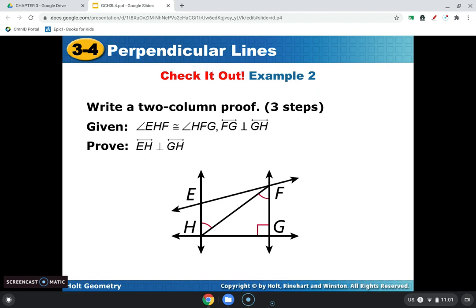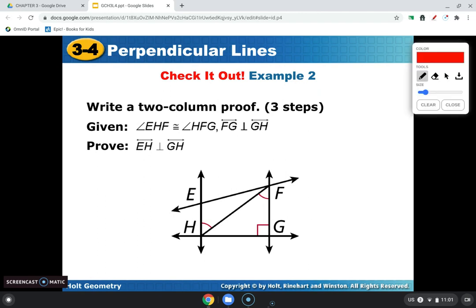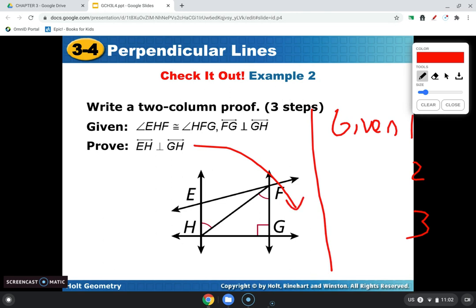Write a 2-column proof, 3 steps this time. So we've got our given statement. All right, this picture's marked up, and then we're trying to prove that those two are perpendicular.